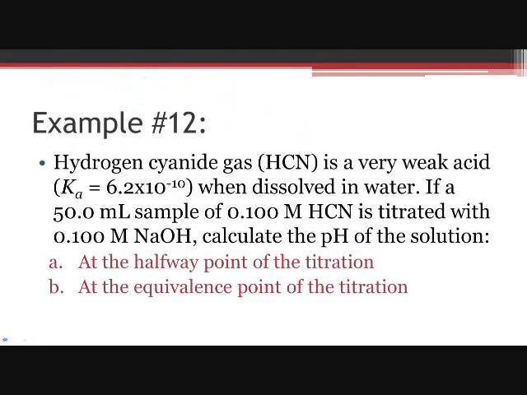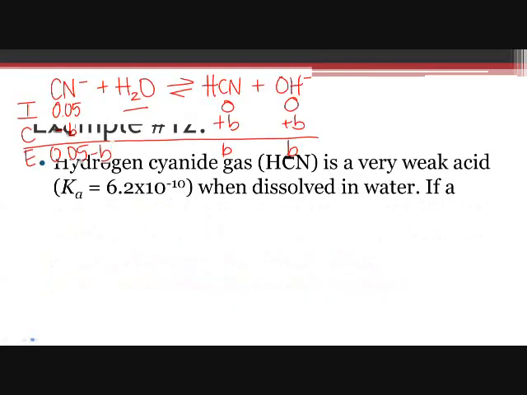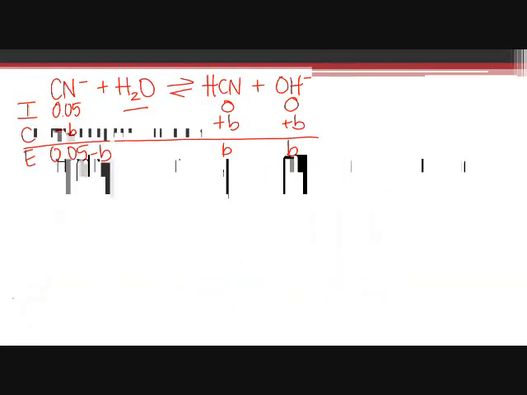Okay? Well, now before we set up the equilibrium expression and solve, we are given in the problem the Ka value, not the Kb value. So we have to switch it to Kb before we can use it. We can't just use the 6.2 times 10 to the negative 10 as is. We have to switch it first. So to switch that, this equation comes from your notes. I had it listed, but we didn't use it. It's at the top of page 12, that the Kw is equal to the Ka times the Kb.